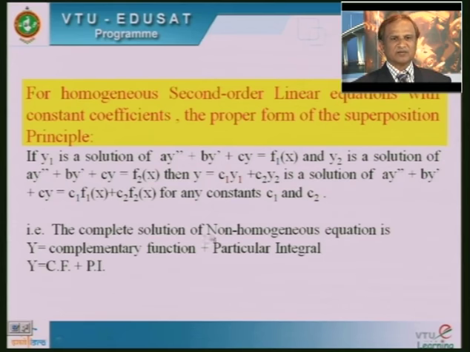The complete solution of a non-homogeneous equation is of the form complementary function plus particular integral, or in short form we can write y equal to CF plus PI.